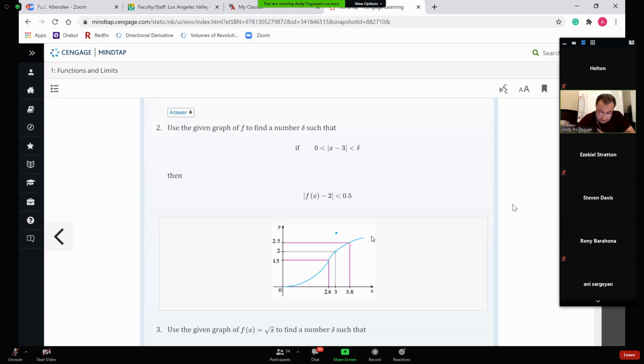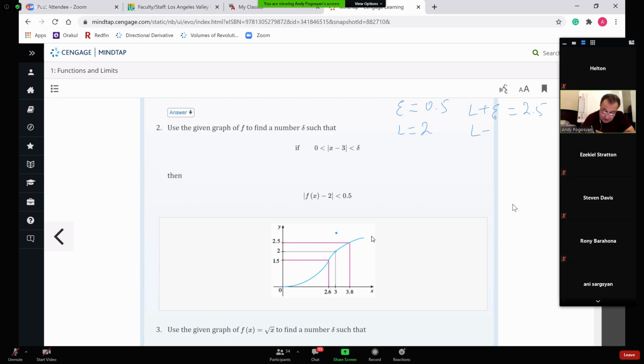See, epsilon is given to you. In this case, epsilon is given to us as 0.5. So L is 2, and the limit approaches 2. L plus epsilon is 2.5.